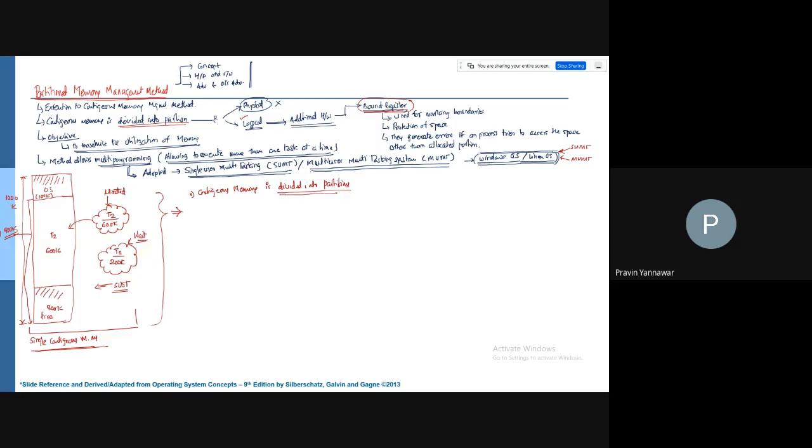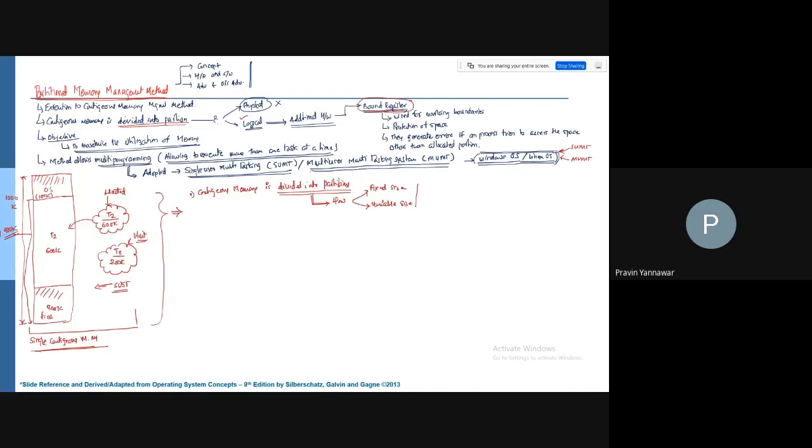So the very obvious question is, if they are being divided, then how are they being divided? Are we going to have a fixed size partition, or a variable size partition? If it is divided into partitions, is it fixed size or variable size?